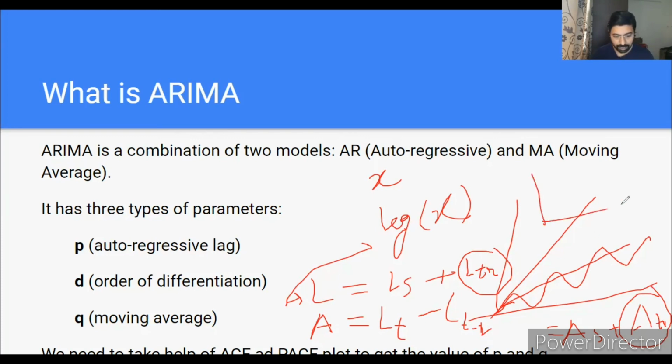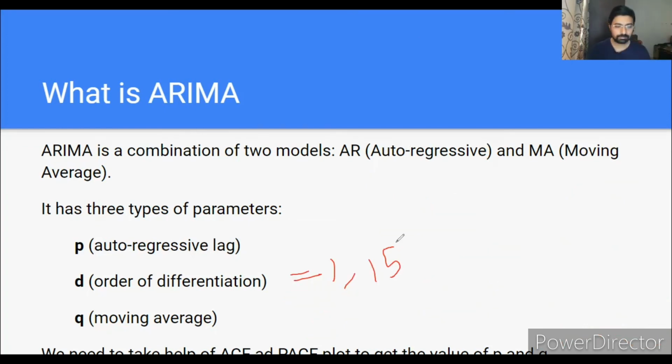If L is going in this way, A also goes in this way to some extent. So the trend part is the same. If I subtract A from L, then I will remove the trend part. So now I have removed the stationarity, the noise, and the trend as well. This is the way you can do the data transformation.